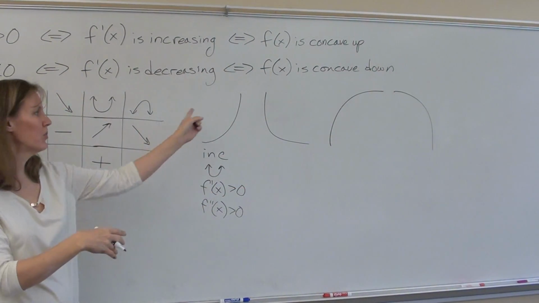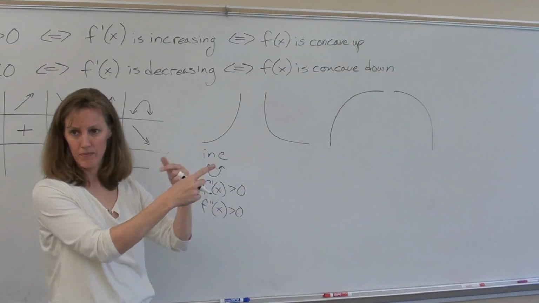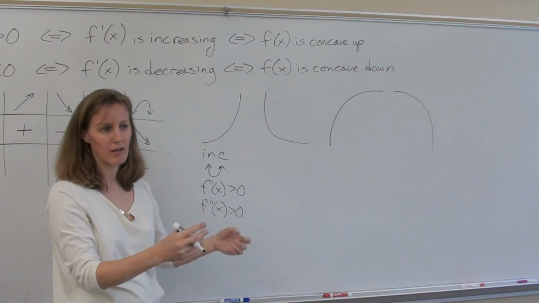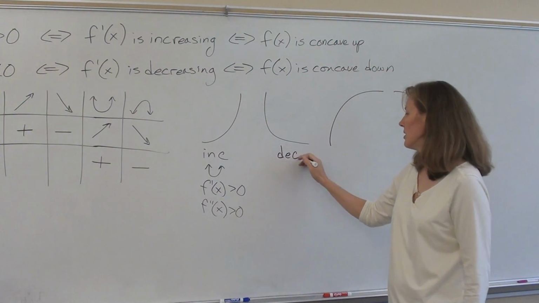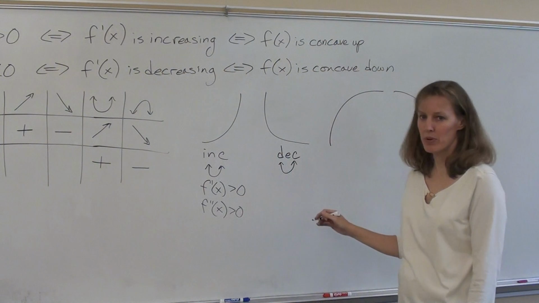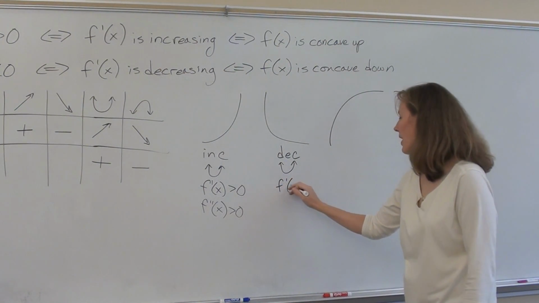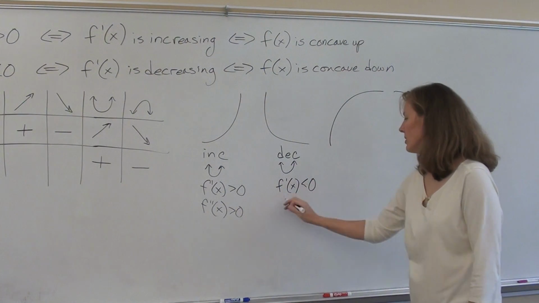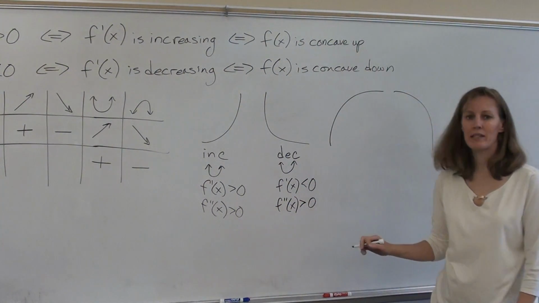You can take any graph on Earth with these 4 shapes and connect them, except like if it's flat, right? This curve is decreasing, but it's still concave up, which means our f prime is negative, but our f double prime is positive.